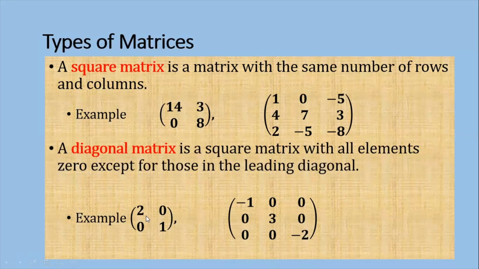This is the leading diagonal, right? And the elements are non-zero, while the other elements are 0. Exactly. This one is a 3 by 3 matrix. Leading diagonal, non-zero, other elements, 0. So this is a diagonal matrix.